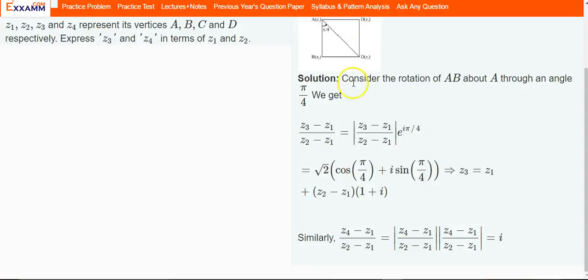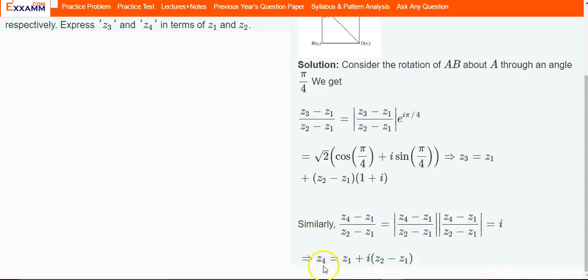So (Z4 minus Z1) upon (Z2 minus Z1) is equal to the ratio of moduli, but these moduli are equal, and the angle is e to the power i pi by 2, that is cos pi by 2 plus i sin pi by 2, which is equal to i. So again, by expanding, we can write that Z4 is equal to Z1 plus i multiplied by (Z2 minus Z1).